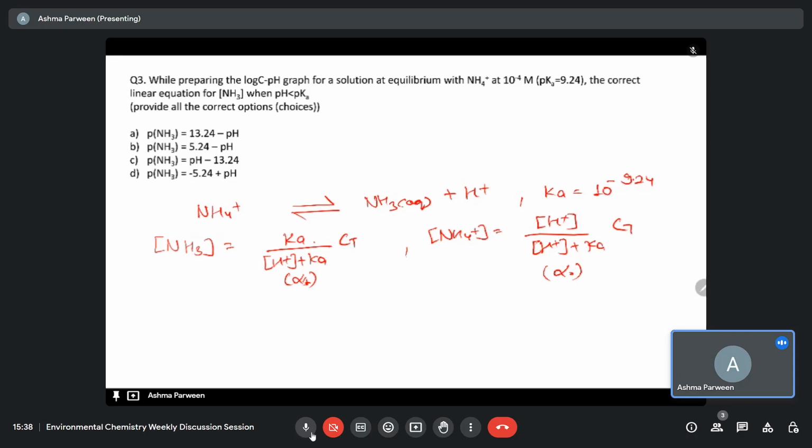So we have to find out the case when pH is less than pKa. It means concentration of H plus will be greater than Ka. So we have NH3 as Ka upon H plus plus Ka into Ct.